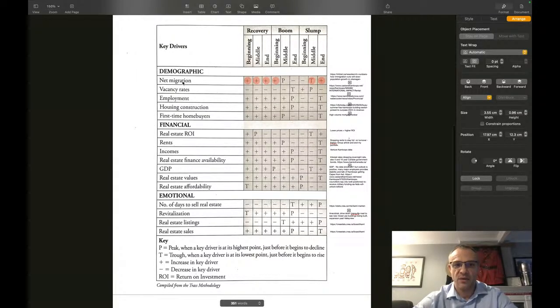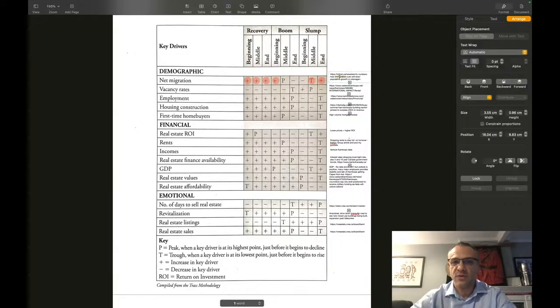I started here already. We're trying to figure out what phase we're in the real estate cycle. So we're going to identify where we are on each key driver, and then we're going to select what applies, and then we'll add up all the numbers at the bottom, and that'll give us a sense of what stage we are in the real estate cycle.